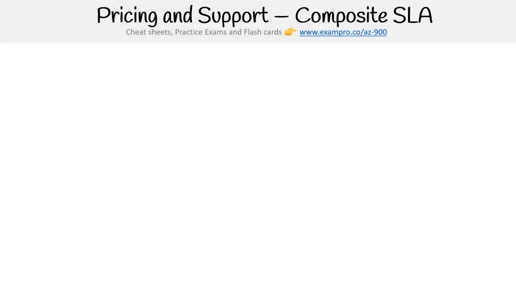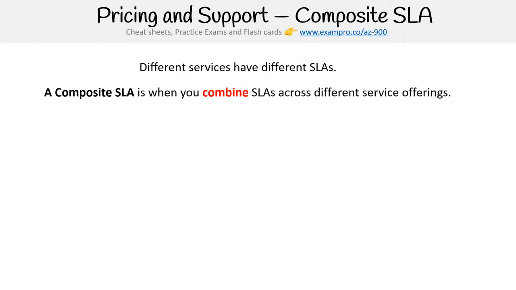Hey, this is Andrew Brown from Exam Pro, and we are looking at composite SLAs. We said earlier that different services have different SLAs. The problem is that when you have different services with different SLAs, it's hard to understand what the actual guarantee is when you use them in combination. Composite SLAs are just a way of understanding what the actual SLA guarantee is for the performance target.